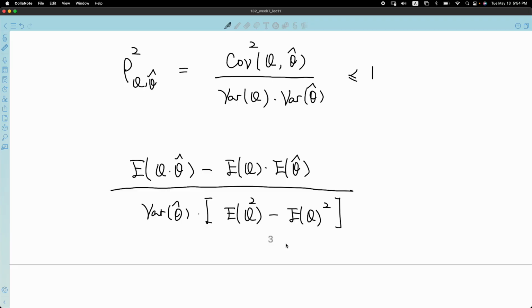And on the top, don't forget we have a square. The thing inside the square bracket is the formula for the covariance, but here we are working with covariance square. This thing is less than 1. Any question?